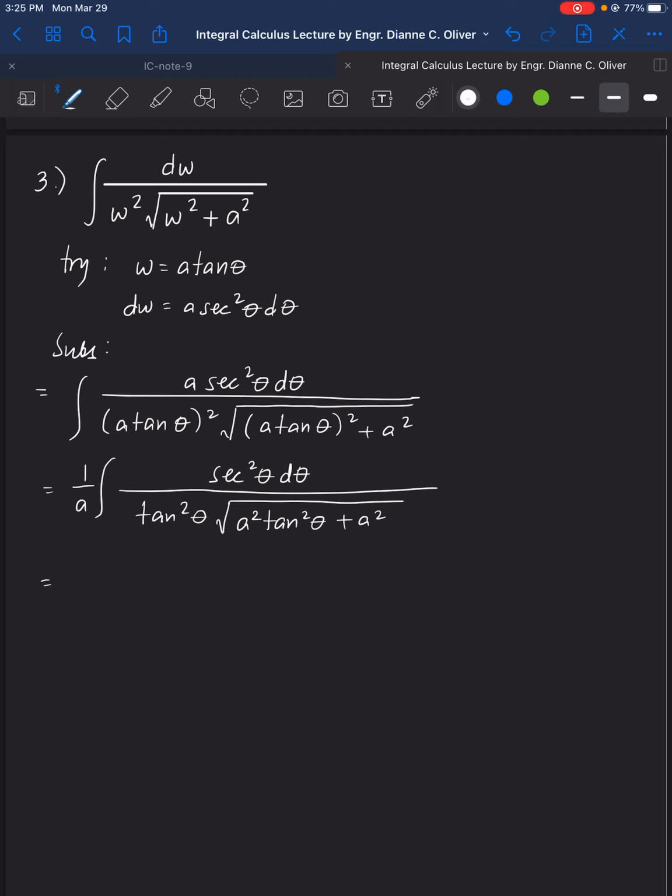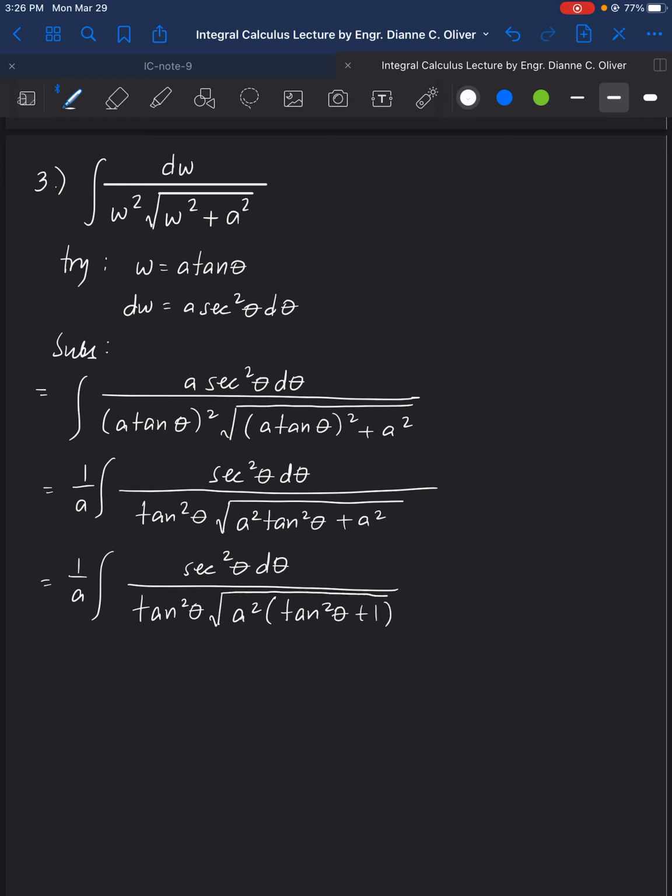Then that is equal to 1 over a integral of secant squared theta d theta, then you have here tangent squared theta square root of... so let's bring out a squared, so what's left here is tangent squared theta plus 1.